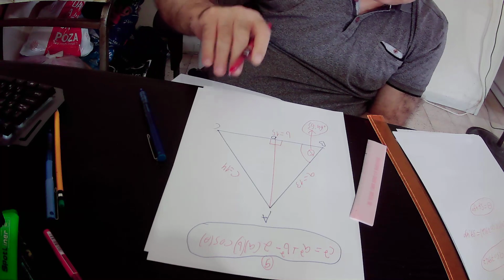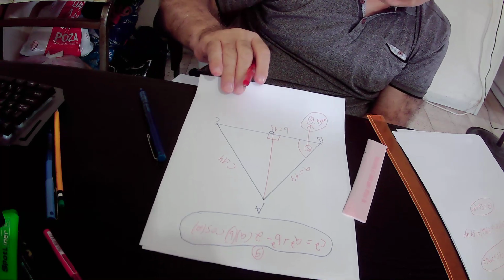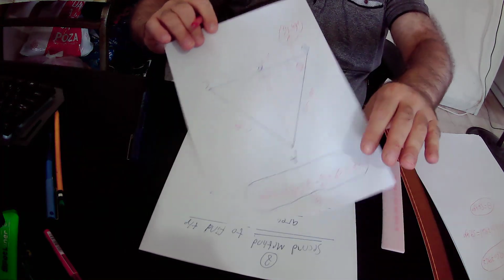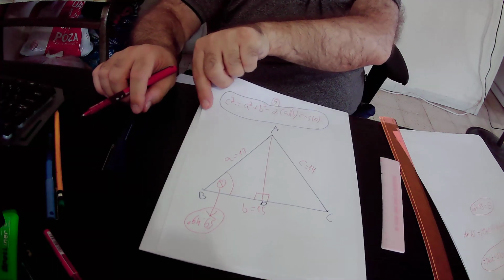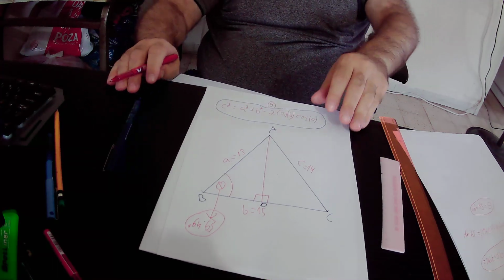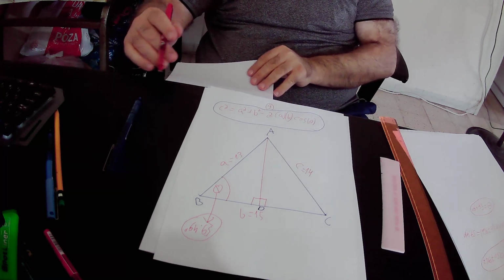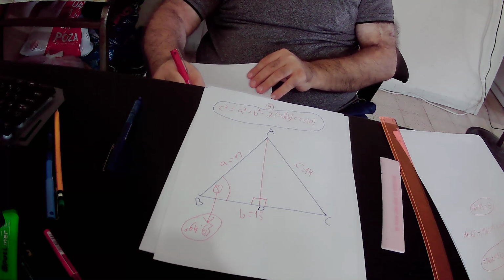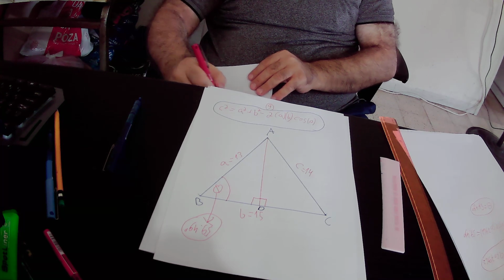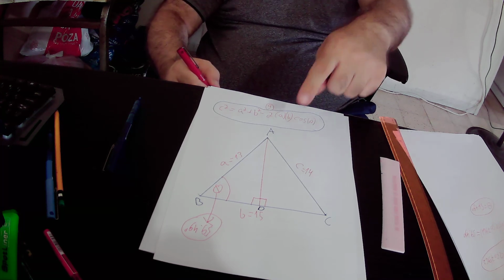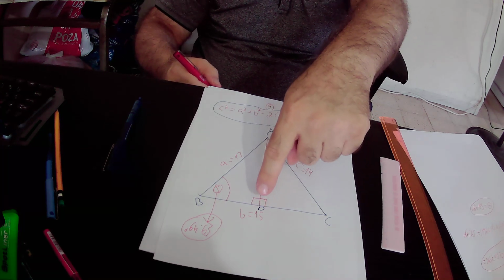And actually triangle ABD is a right triangle, because this angle is 90 degrees.